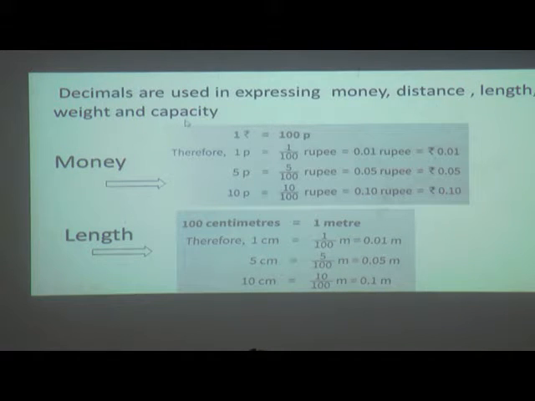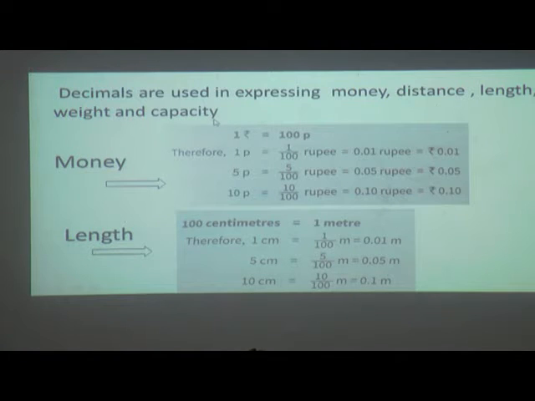And capacity is nothing but the volume required by a liquid, that is the capacity of a tank which can hold 500 liters of water, or a tank which can hold 1000 liters of water, or the capacity of a jug which can hold 2 liters of milk.